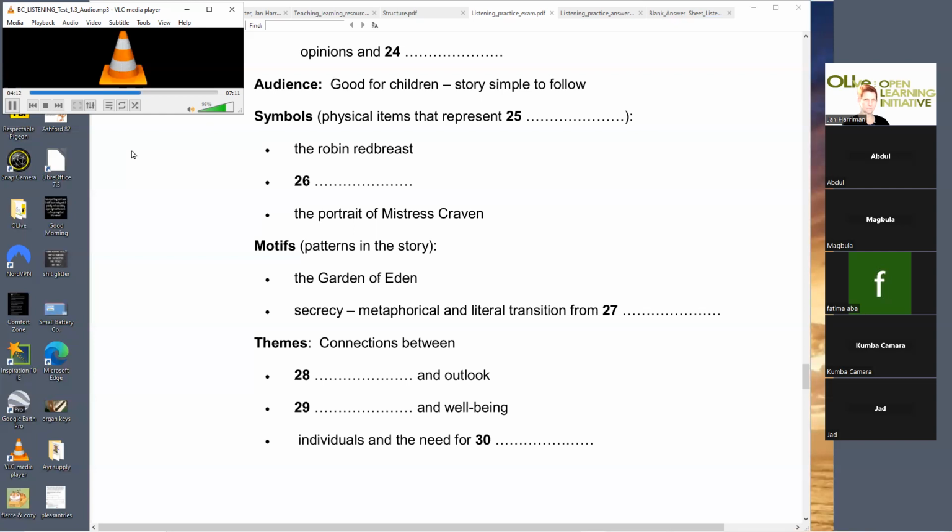You'll see they're always mentioned alongside her name, and Mistress Craven's portrait can also be interpreted as a symbol of her spirit. Are symbols just another name for motifs? No, motifs are a bit different. They don't have as direct a connection with something the way that a symbol does. Motifs are simply recurring elements of the story that support the mood.